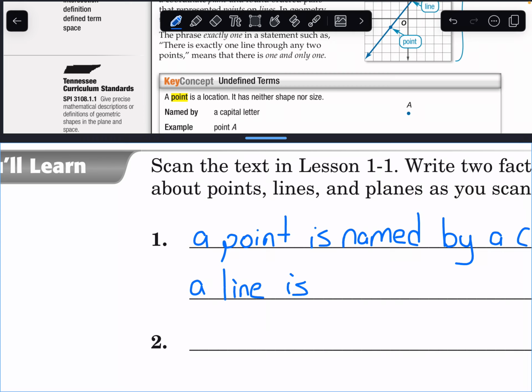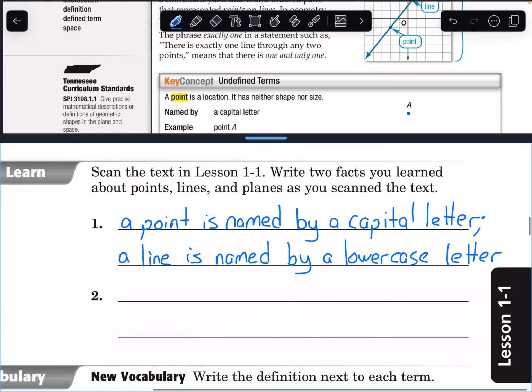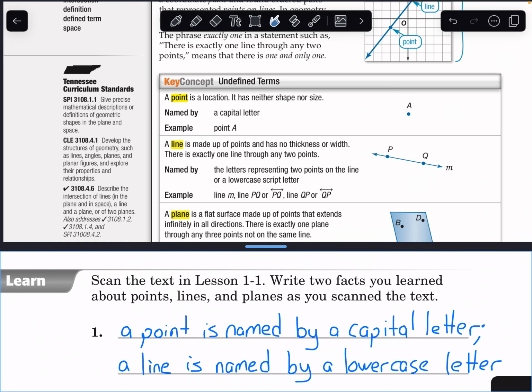A line is named by a lowercase letter. I didn't have room to write the word script. I think that'll be okay. These are just notes. They do not need to be verbatim.